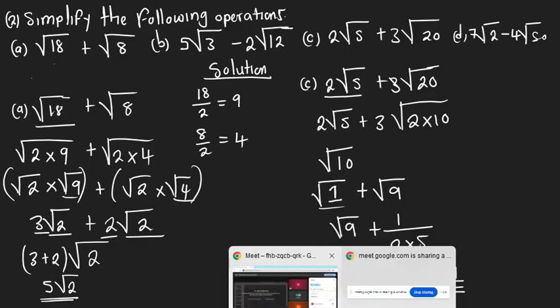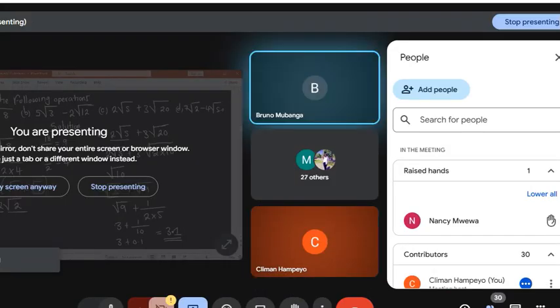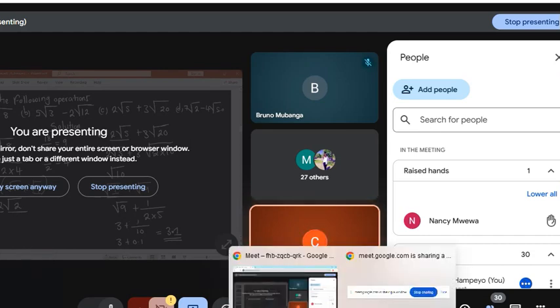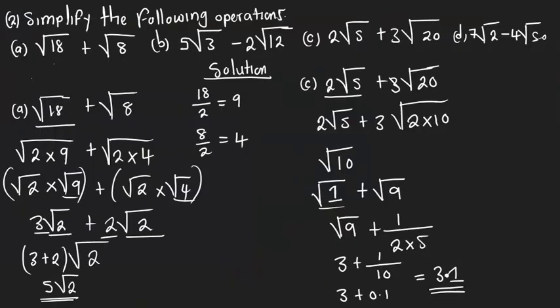Students, are we together? What are you getting when you find the square root of 10? 3.16. So you've agreed that that is correct, right?